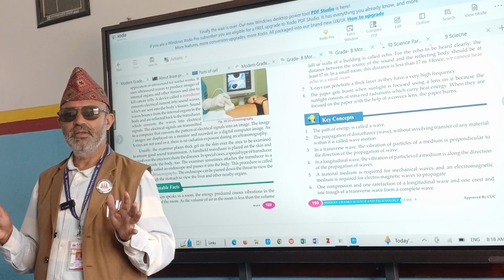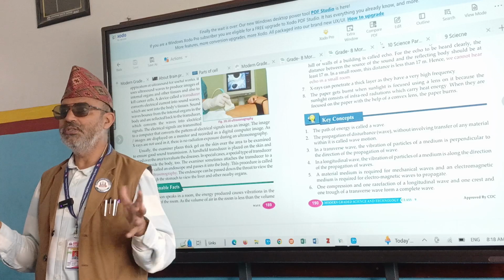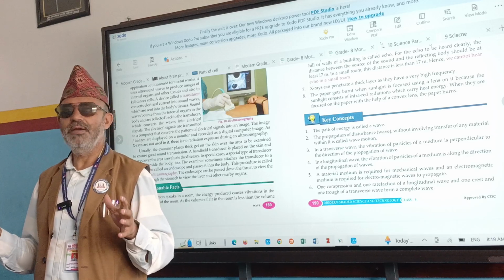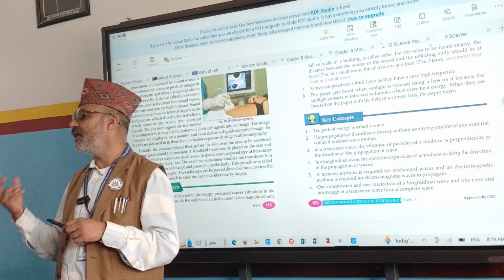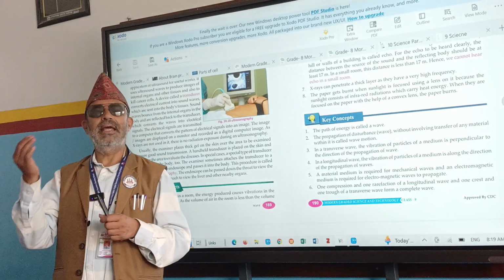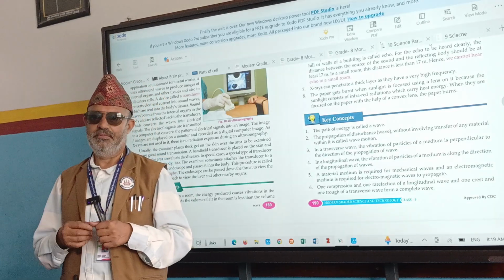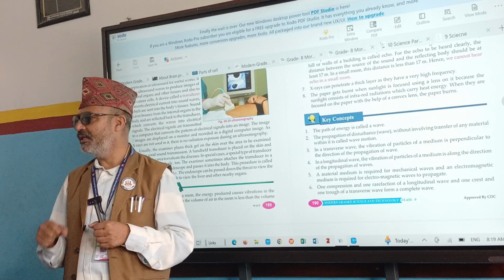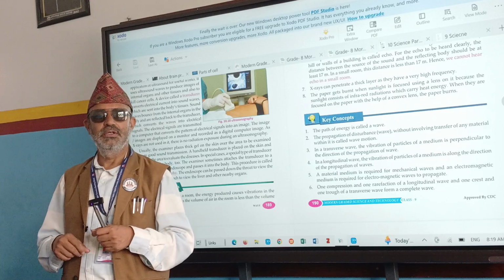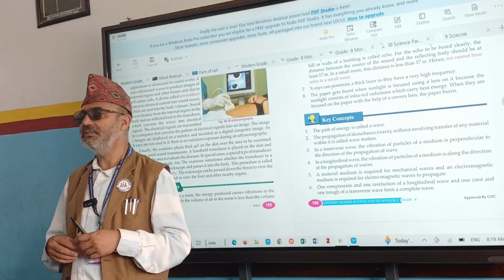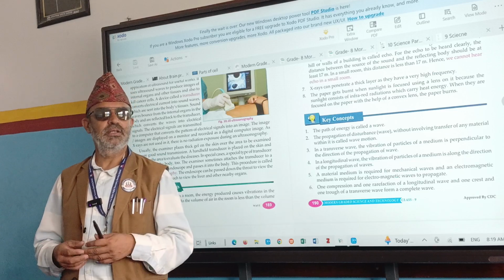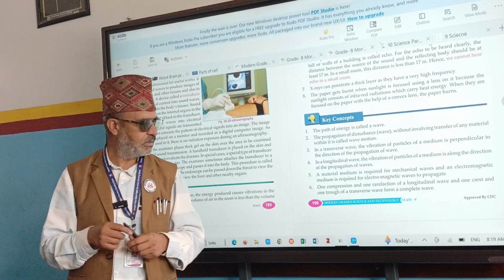Can we hear earthquake sound? No. But we can feel it by its vibration. And the next one is ultrasound. Ultrasound is that sound which we can neither hear nor feel. Like when video X-ray is done of our internal body parts, we don't notice whether sound is going there or not. Only pictures can be seen.